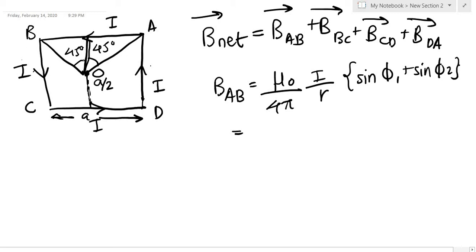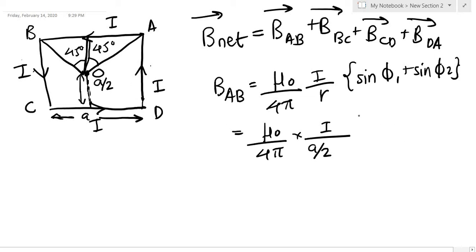It has definite length, and we know the angle. We know phi 1 and phi 2. So we can just plug in mu naught by 4 pi times I over the distance from the current carrying wire to the point where we want to find the magnetic field, a by 2 in this case. I just told you this distance is a by 2.